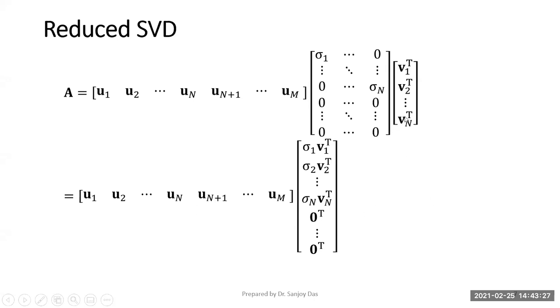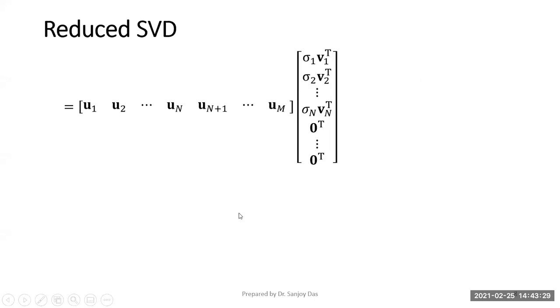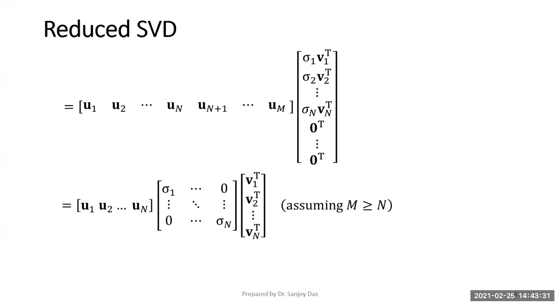And when we multiply this with this, and then this, if I can just ignore this block here and this block here, I can express this as this here. So the first factor, all I did was take the first n columns of U. And I just took the diagonal elements here.